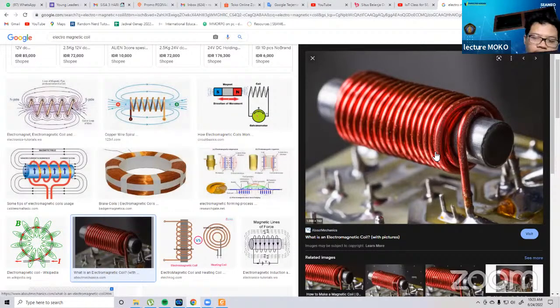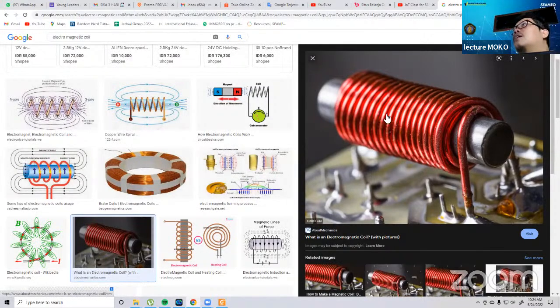Or this is covering the iron using, okay, we call it copper.